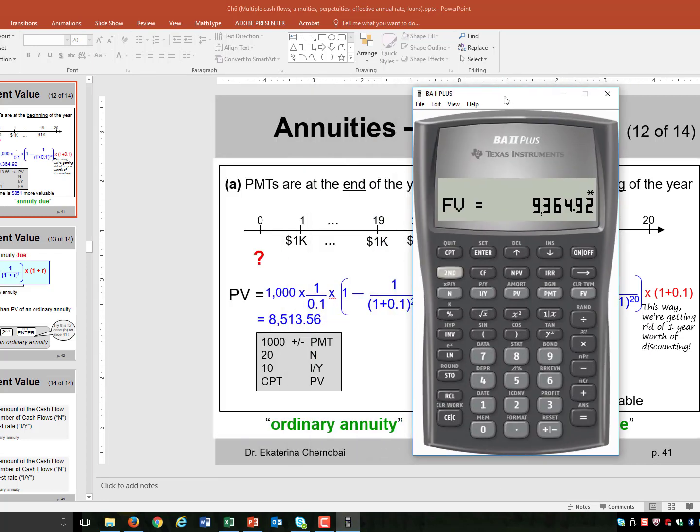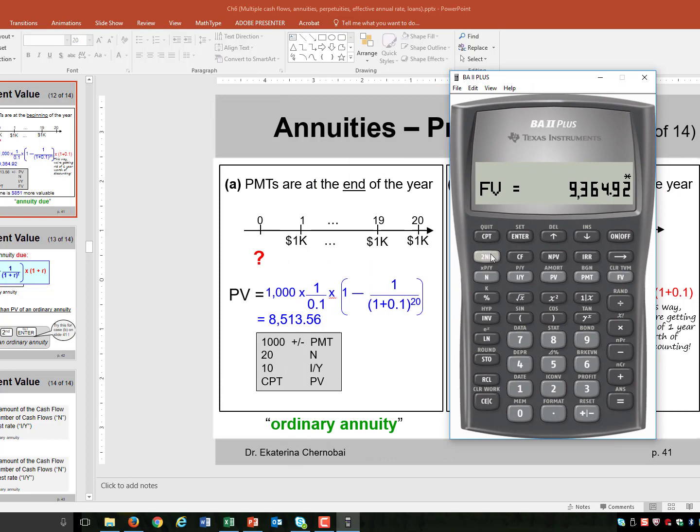So let's reset the calculator first. Everything is cleared. Then I want to tell the calculator that I'm setting it to the begin mode or annuity due mode. Press 4 buttons. Second, payment. Second, enter. If you turn it off and back on, you will see the small letters BGN, begin. The calculator is now in the begin mode.